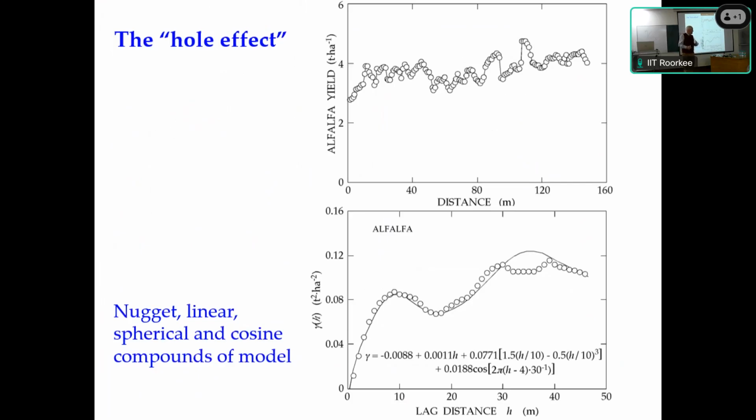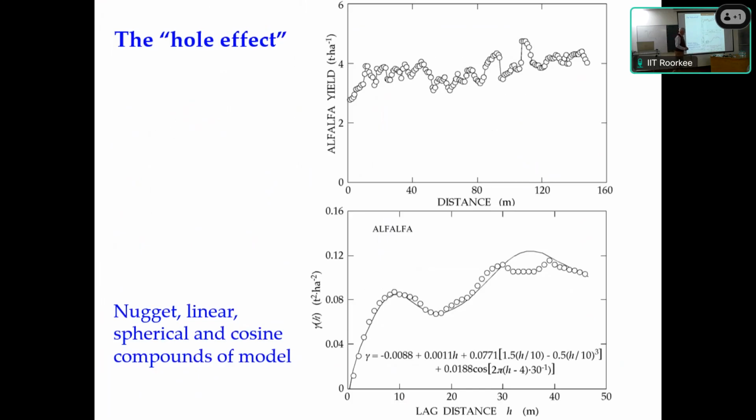The variance will decrease until we get to another scale. And here at an even larger scale, we have a larger variance. So we have different scales of variation on top of each other, following each other. So that's the reason for a hole effect.